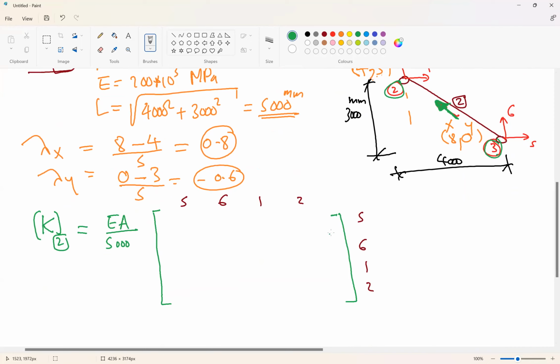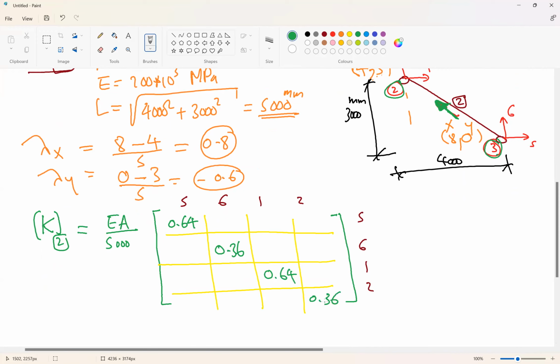So what we have here, this will be 0.64, 0.36, 0.64, 0.36.